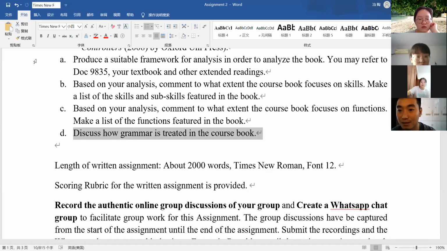You mean in aviation English, this kind of function does not exist? At least in this textbook, you cannot find evidence for it.